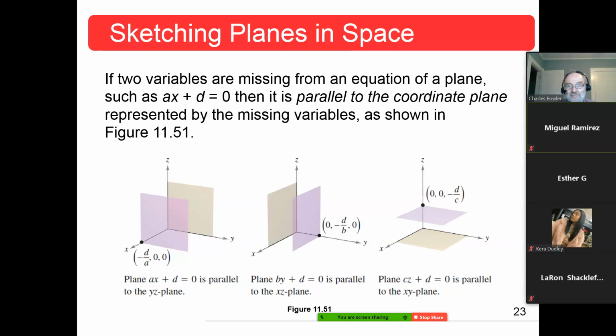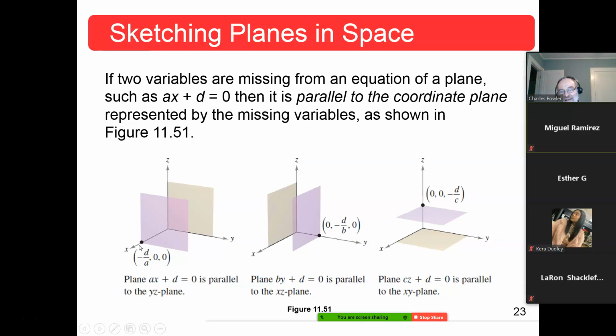Now, if two variables are missing from an equation of a plane, such as ax plus d is equal to 0, then it is parallel to the coordinate plane represented by the missing variables. So if all you got is x equal minus d over a right there. Go out the x-axis minus d over a.